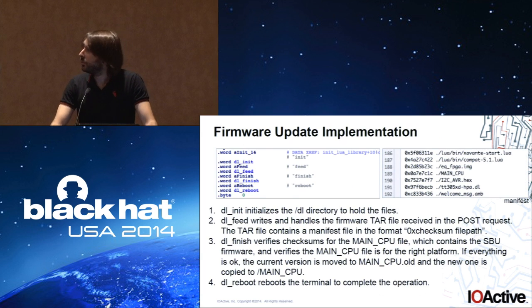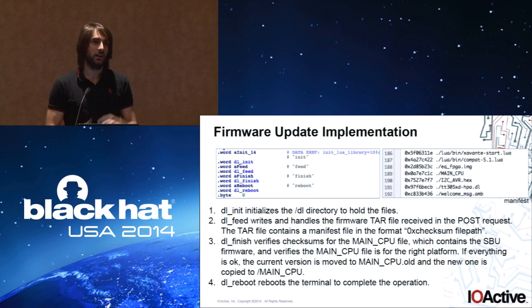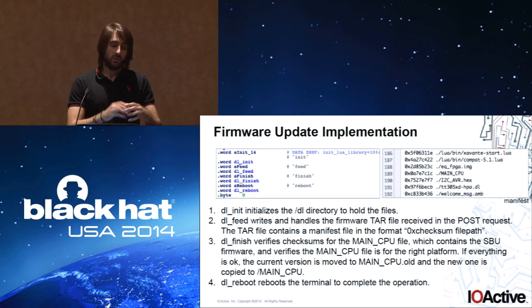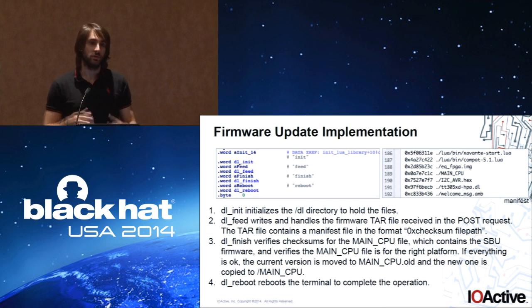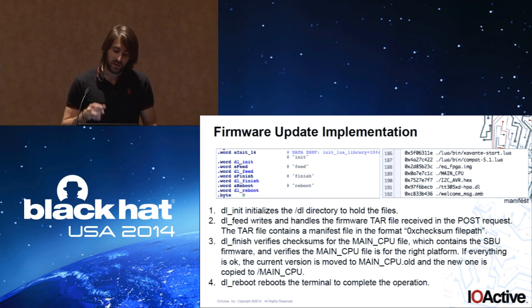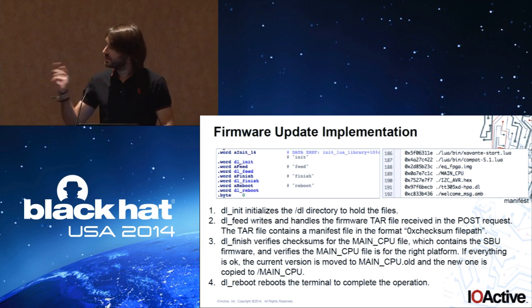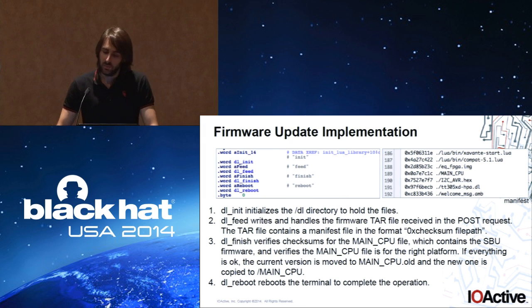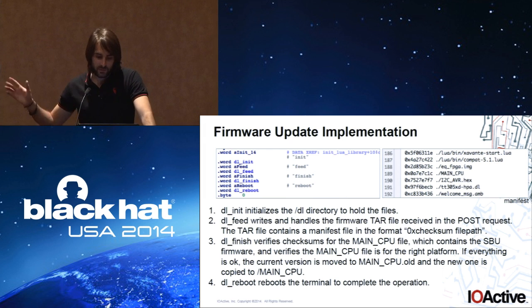If we look at the firmware to see how those functions have been implemented, the first one, DL init, initializes the DL directory to hold the files. Then DL feed writes the tar file you are sending in the POST request and handles that file. This firmware file should contain a manifest file in the form you can see in the picture, just a checksum. It's not signed, just verified by that checksum, and then a path.